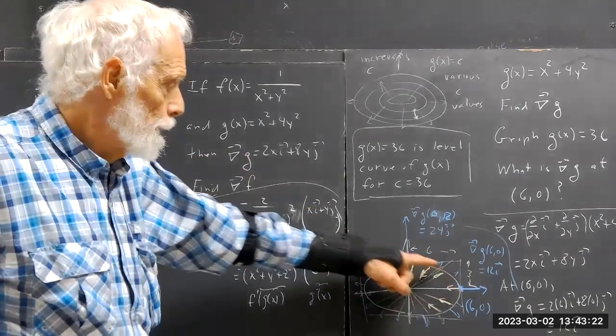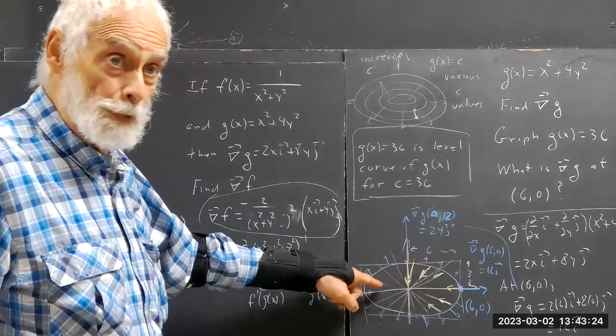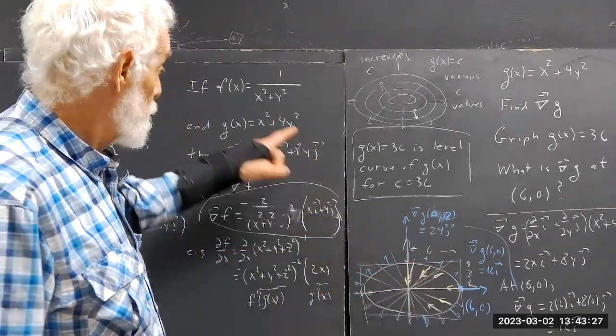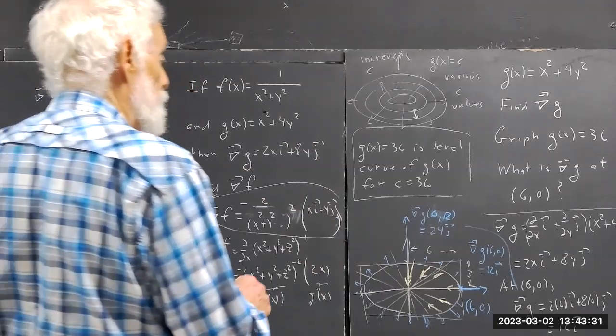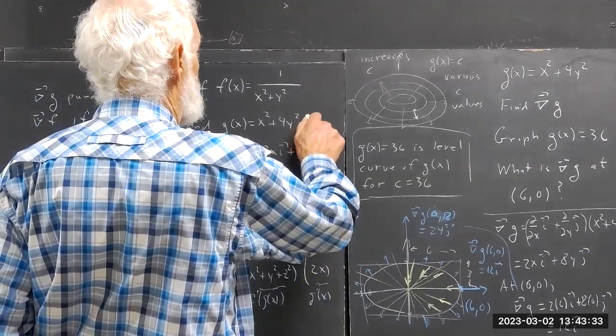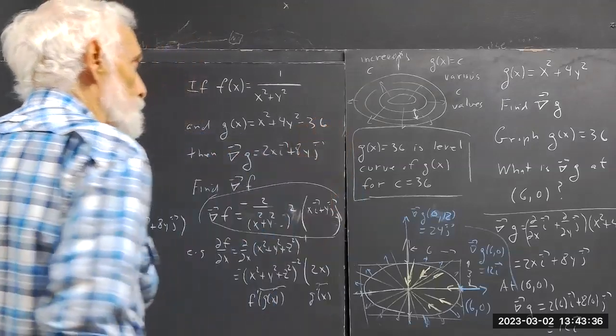If I want to find the maximum on this specific curve, I've got to get specific about g of x. So what I'm going to do is make g of x equal to this minus 36.